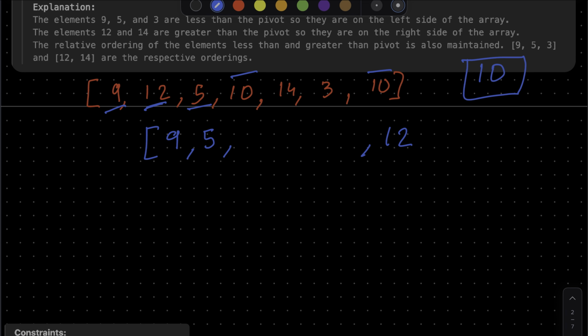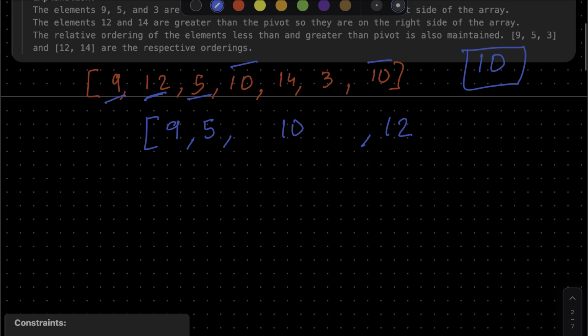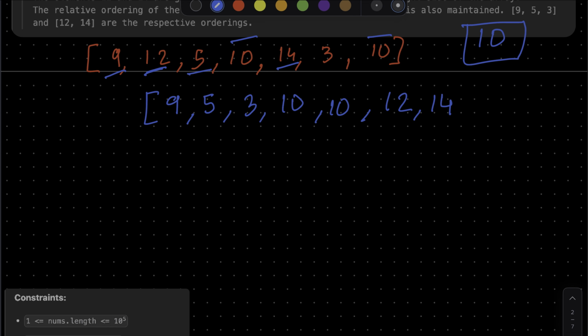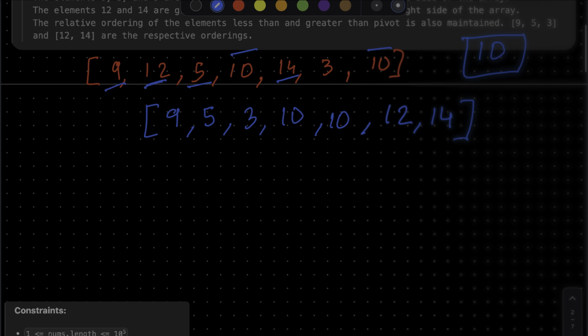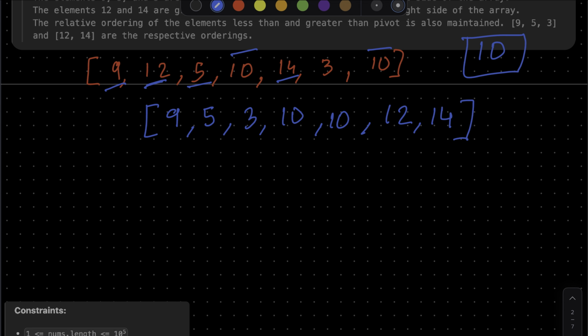So 10 can be placed somewhere in between the smaller and greater than elements. Similarly, 14 is greater than 10, so after 12, 14 will come, and 3 is less than 10, so 3 will come before 10, and there is another 10, so we'll add 10 here, and hence we are now seeing that this is the required answer.